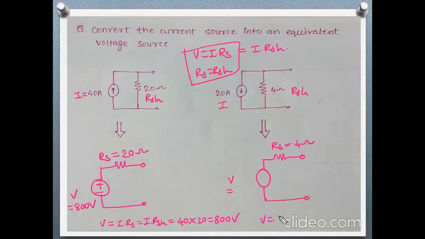V is equal to current into RSH. The current is 20 ampere, as shown here, so the voltage will be 80 volt. Now this arrow is downward, so downward will be positive and this will be negative. This is the equivalent circuit of the given current source.